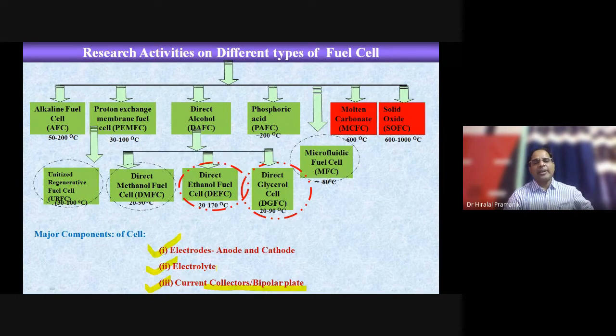So there is a lot of research ongoing to develop or synthesize alkaline membrane. As such, commercial membranes of this alkaline type are not available. So the acidic membrane, that is proton exchange membrane, PEM, Nafion by DuPont, is the only proprietary product available in the market.